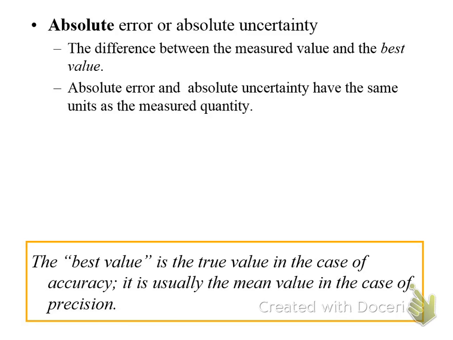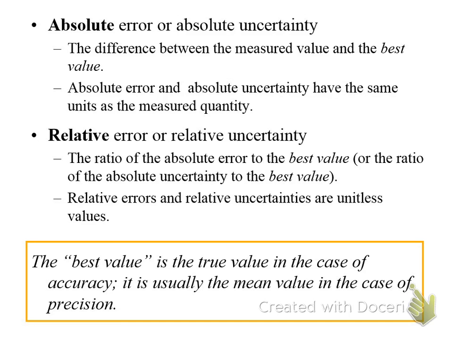Absolute error is the difference between your known value, sometimes called the theoretical value, and what you got. It's a subtraction problem. Sometimes when you do an experiment you know the value and ask how far off am I. By difference, that's absolute error.